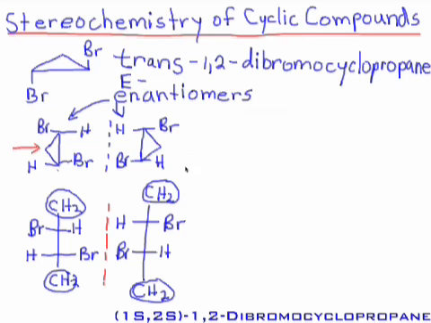Well, that's pretty easy. If we took this guy and looked at the top chiral center, we could draw this. We have CH2, an H, a Br, and our squiggle.